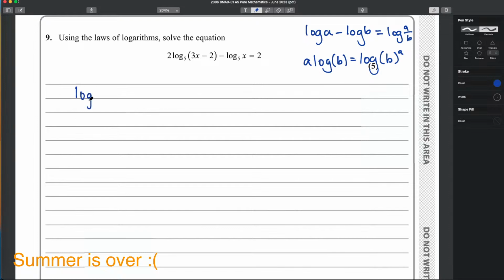So this is going to be log base 5 of 3x take 2 squared over x equals 2. And what can we do next?